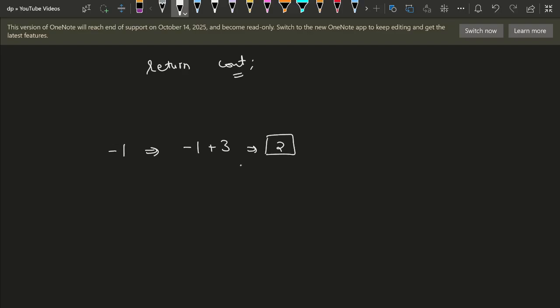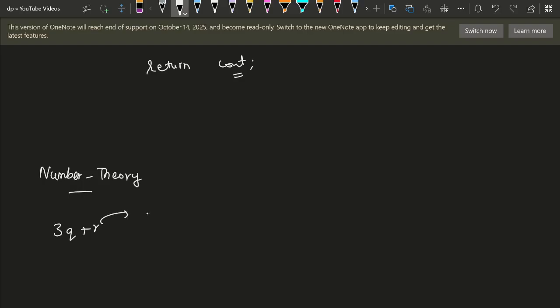Every number exists in this form, and the reason I said this was that I wanted this solution to be true to its number theory counterpart. In number theory, every number can be represented as 3q plus r, but the caveat is that your r is always going to be positive.